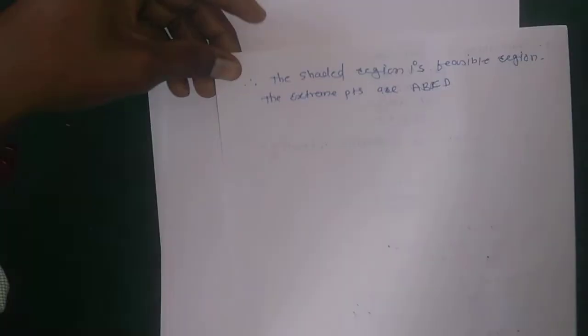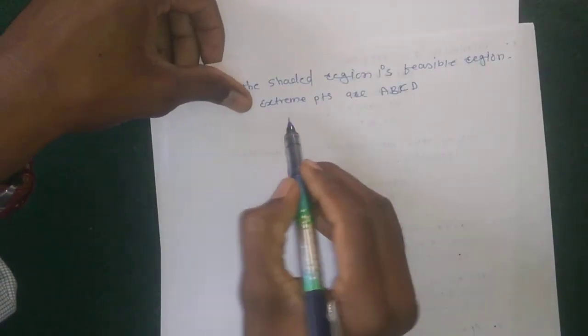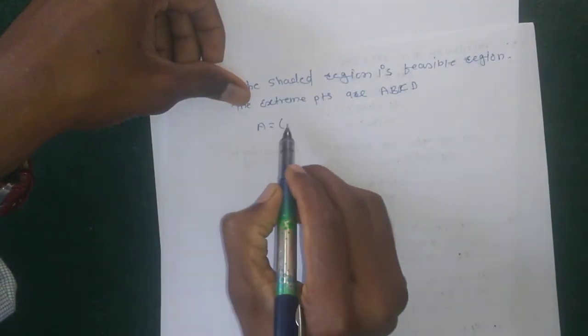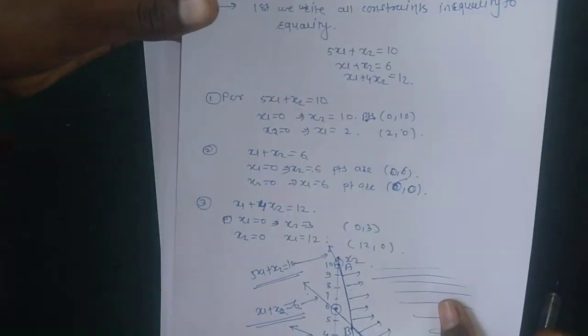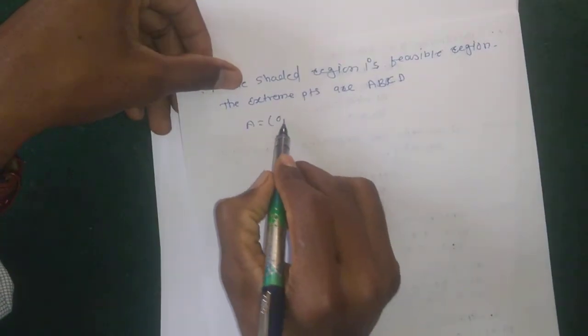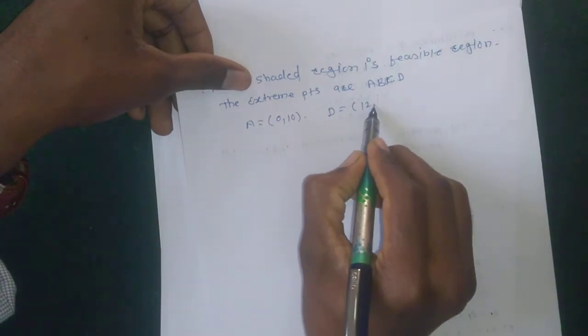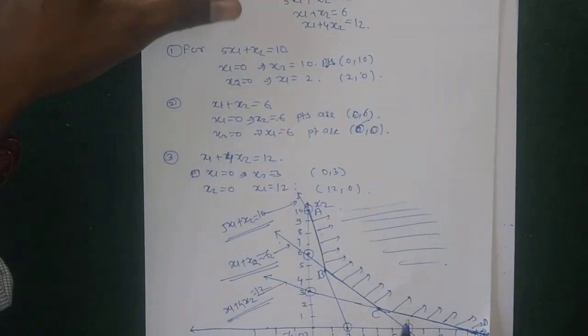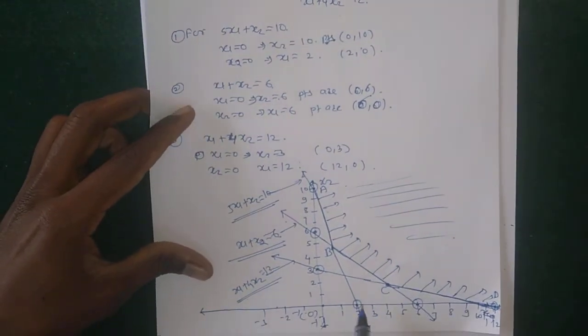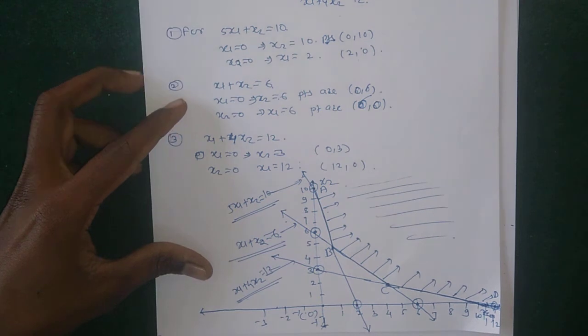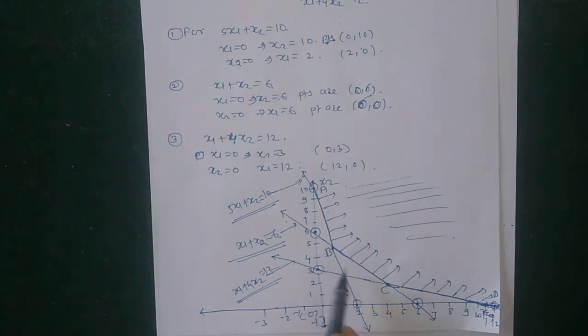Okay, the coordinates of point A are (0, 10), and point D is (12, 0). Point B and point C are the intersection of two lines.